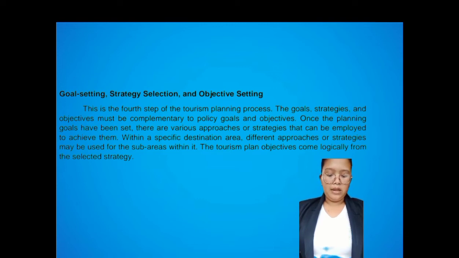The goals, strategies, and objectives must be complementary to policy goals and objectives. Once the planning goals have been set, there are various approaches or strategies that can be employed to achieve them.